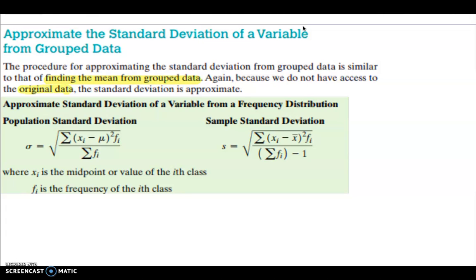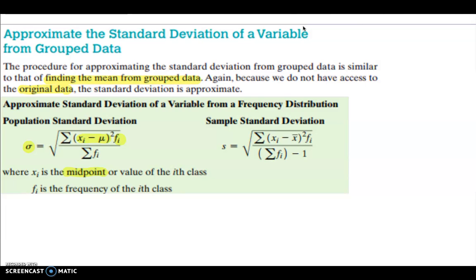So it's an approximation. If it's the population standard deviation, we take the sum of the deviations squared, where x sub i is the midpoint, times the frequency. Say the midpoint is 15 and the mean is 20, then that deviation would be -5, and -5 squared is 25.